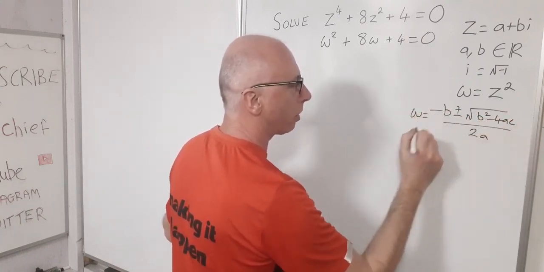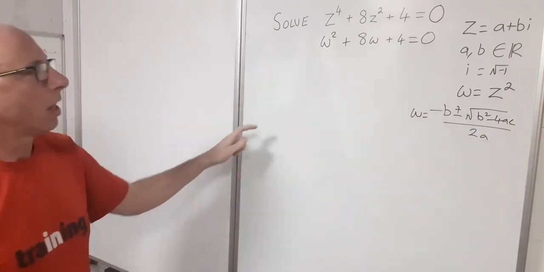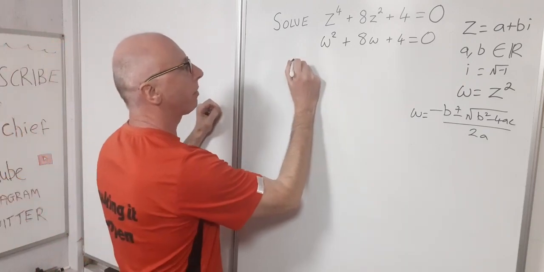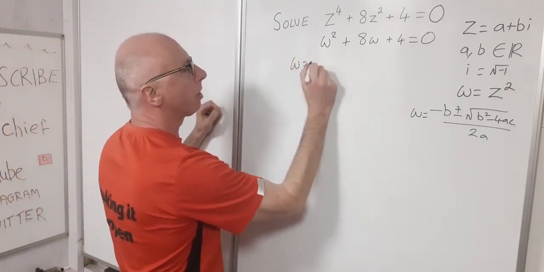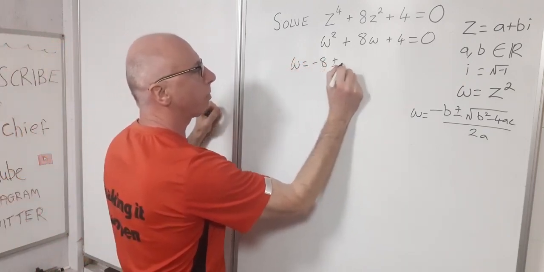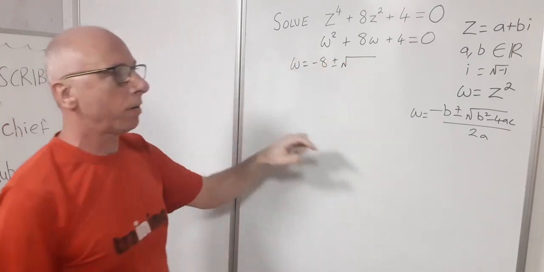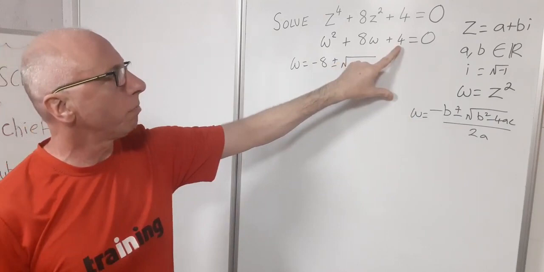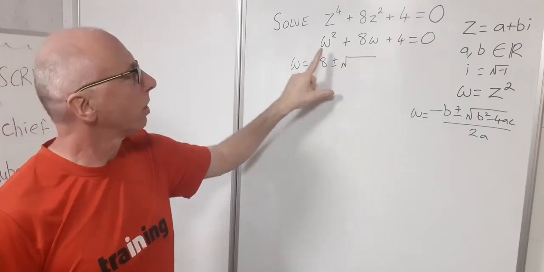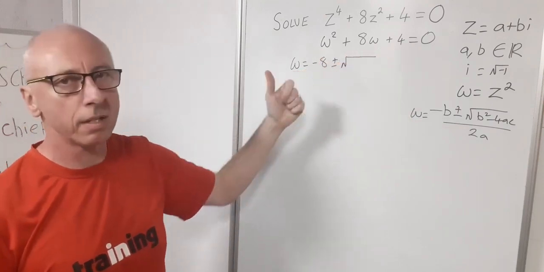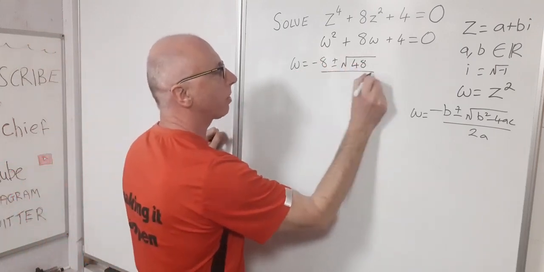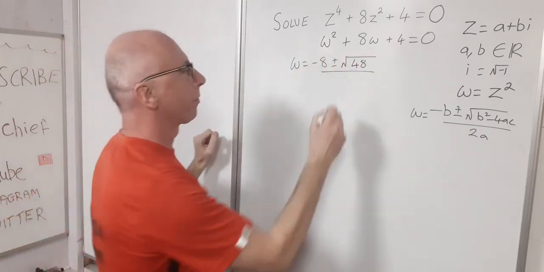So w equals minus 8 plus or minus the square root of 64 minus 4 times 4 times 1, so that's 64 minus 16, so the square root of 48, all over 2.